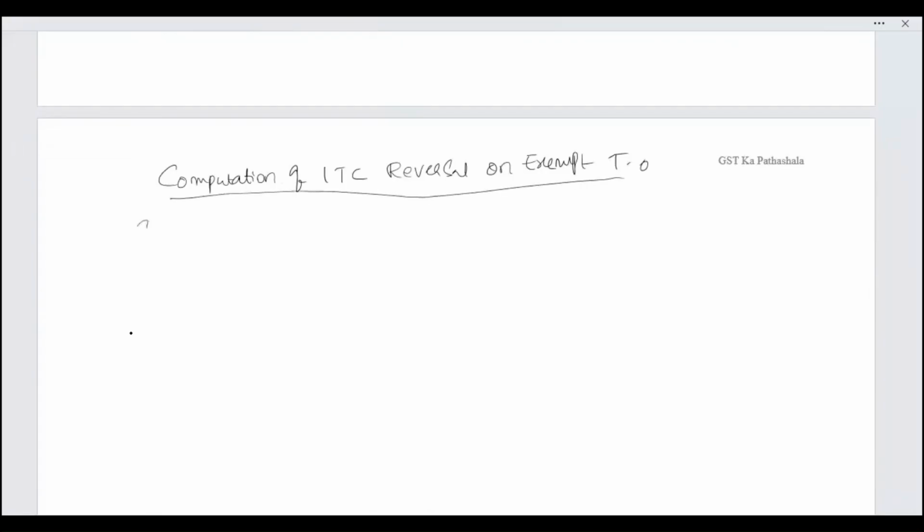Computation of ITC reversal on exempt activity. So first and foremost, we need to find: step 1, total turnover. Step 2, exempt turnover.